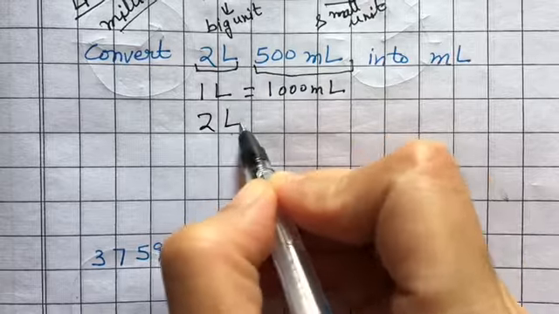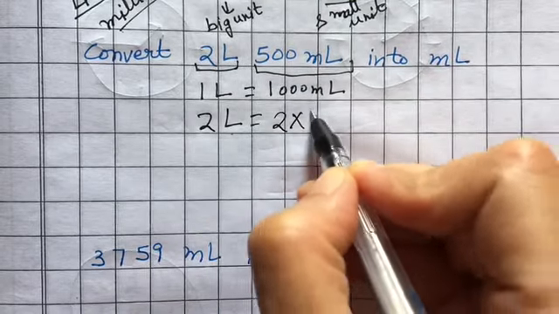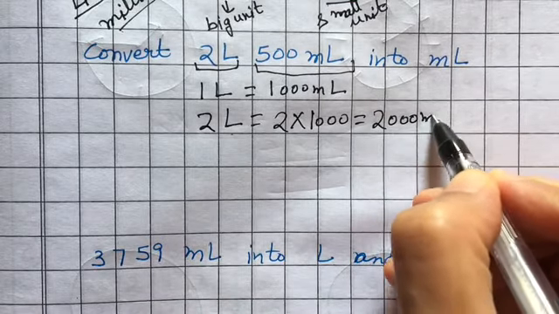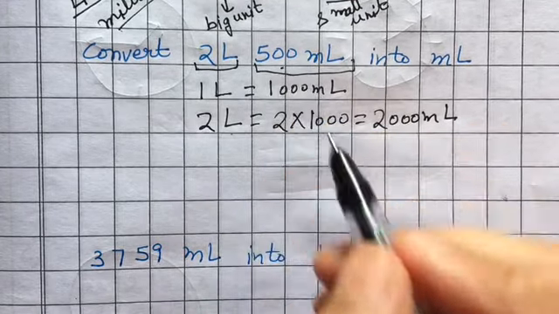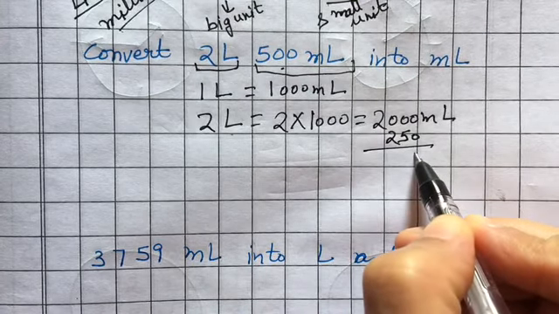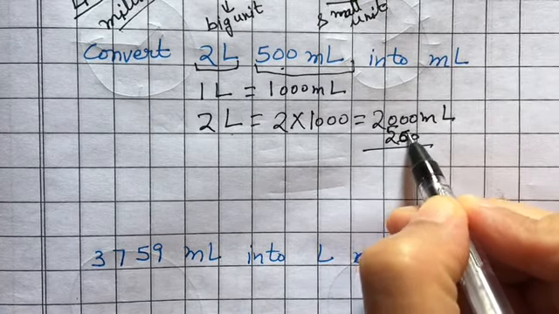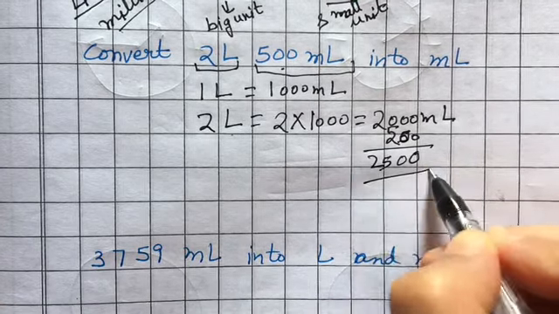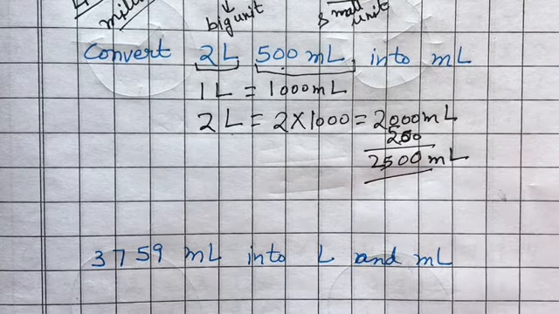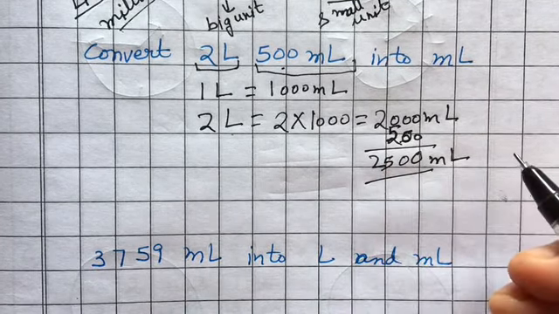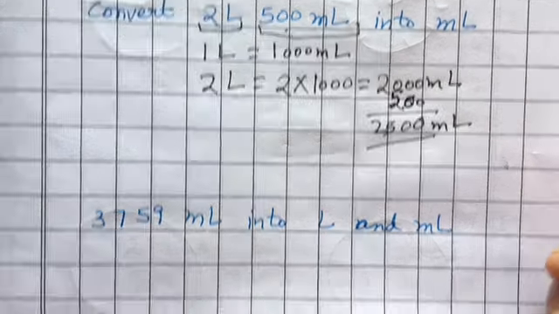So 2 liter will be 2 multiplied by 1000 equal to 2000 milliliter. Now this is already in ml, so we are going to add it with 2000. Sorry, it was 500. Fine. So 2500 milliliter is the answer.